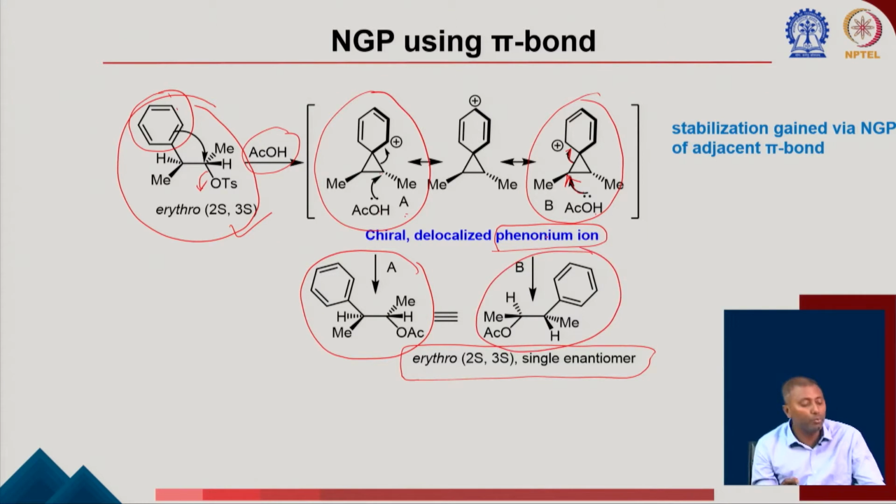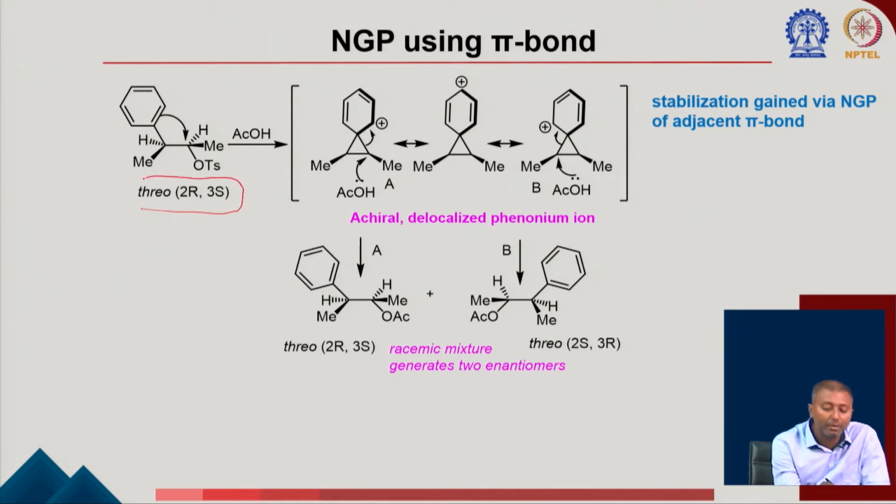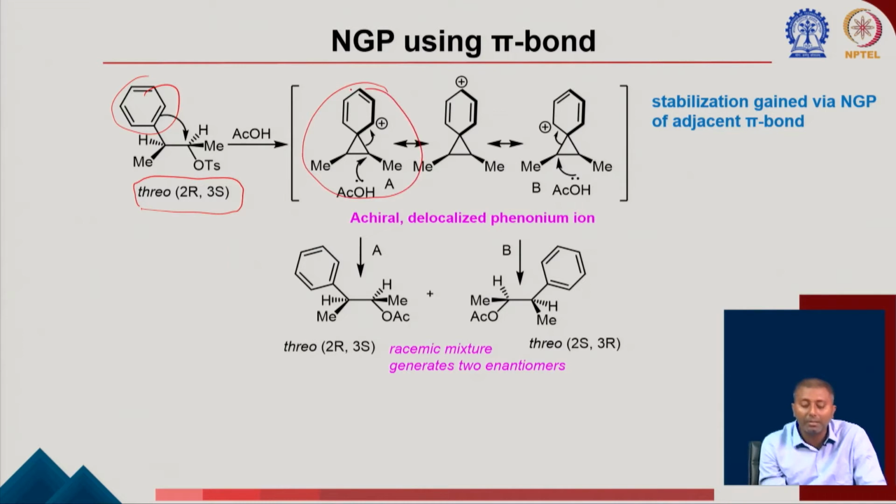But once you move to the threo compound, starting from this threo 2R,3S in the presence of acetic acid, again this phenyl ring pi bond participates in the reaction. It gives its pi electron density, forming the phenonium ion. One important thing about this phenonium ion is that it is an achiral compound.